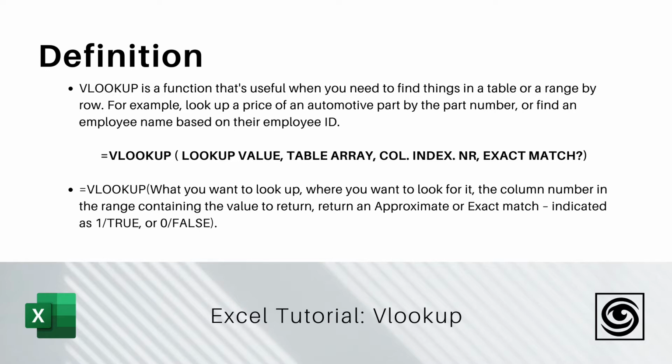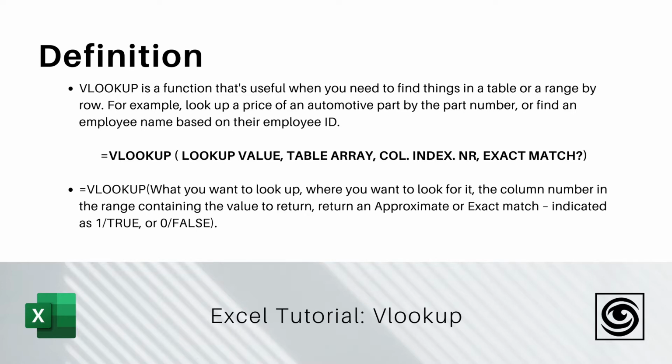Exact match stands for return an approximate or exact match, indicated as 1 is true for exact match or 0 is false. It's important to note that as table array you can also select complete columns instead of a table or a certain range.